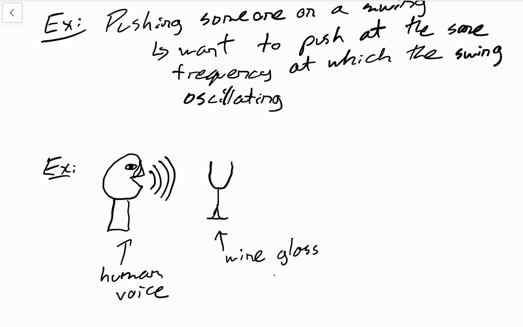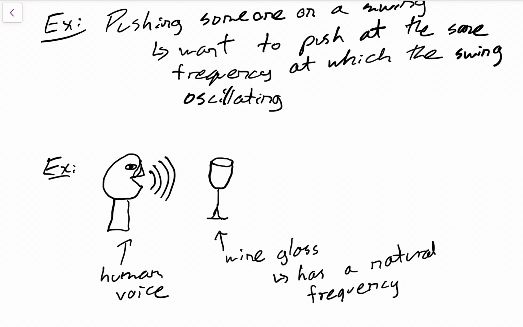The wine glass has a natural frequency that it vibrates at. So for example, if you hit the wine glass with a fork, it's going to vibrate at a certain frequency. If someone is able to replicate that frequency with their voice, well, then they will be able to cause resonance within the wine glass, causing the oscillations of it to increase more and more, in which case it could break.